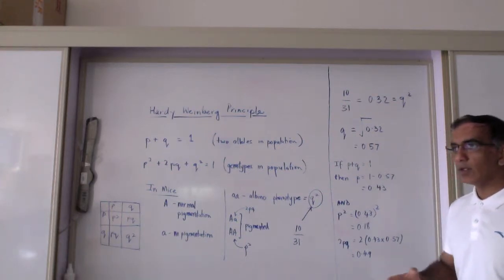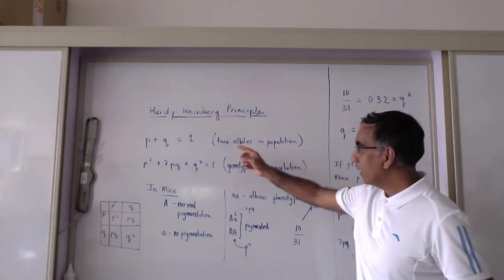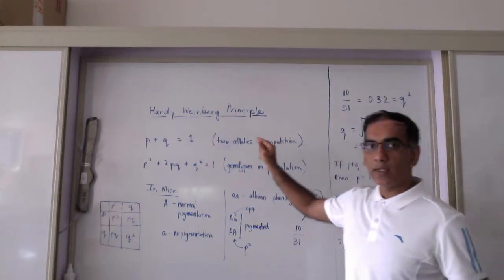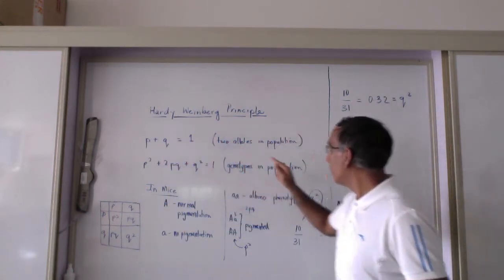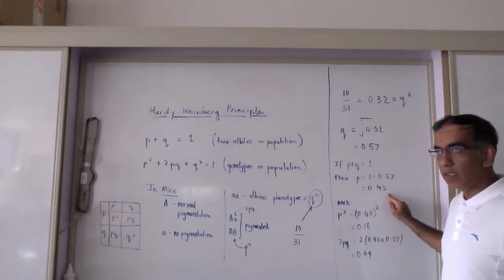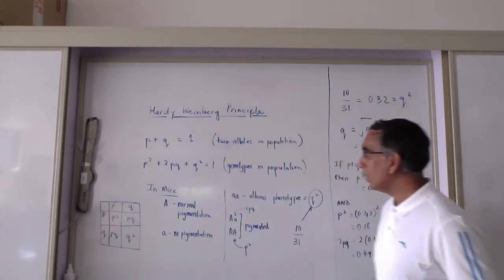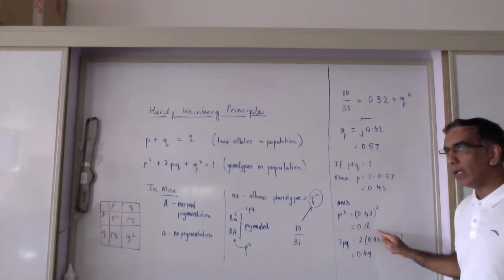Since we're only considering 2 alleles in the population, then we can say that if q equals 0.57, then the frequency of the other allele, the big A, is 1 minus 0.57, which comes to 0.43. And now that we have p and q, we can also find p squared, which is 0.18.